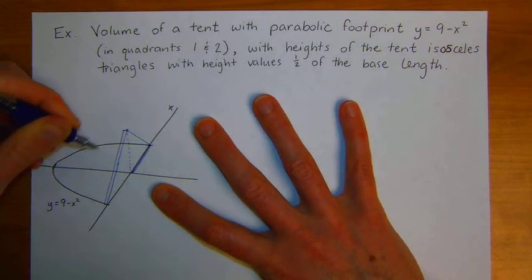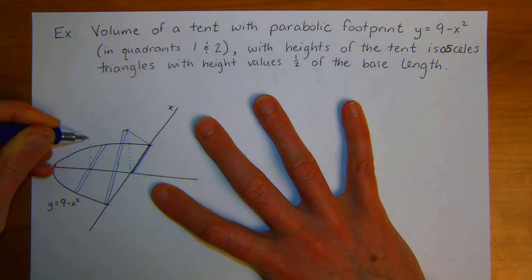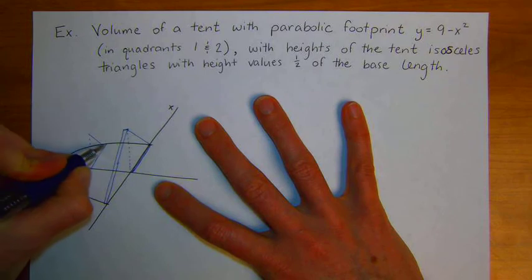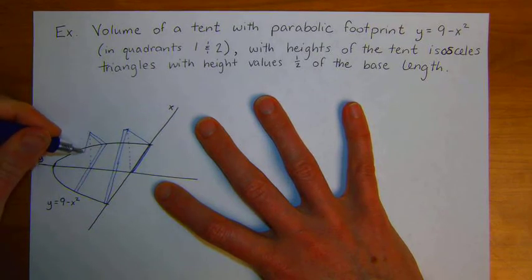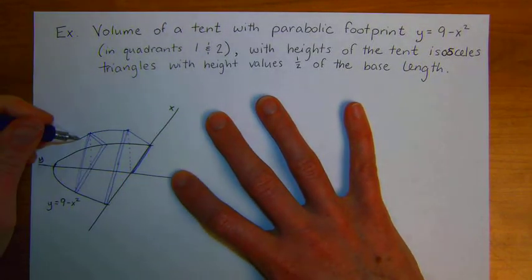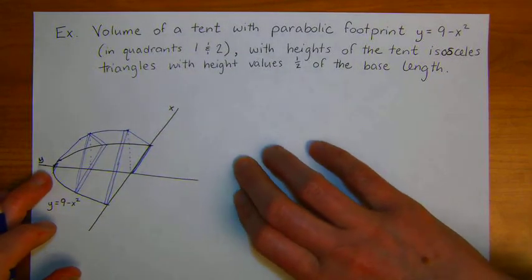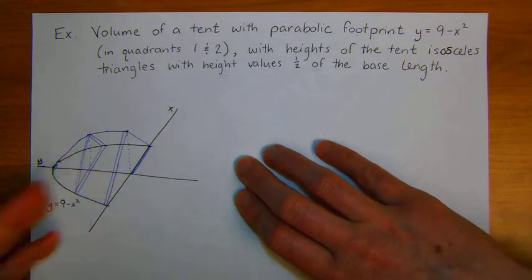As you go along, my base values get shorter and shorter, and that means my heights are going to get less and less. My tent is going to curve downwards with a peak up at the top, becoming 0 down here as my tiny triangles have height 0. So the idea here is that I need to now find the volume of this tent.